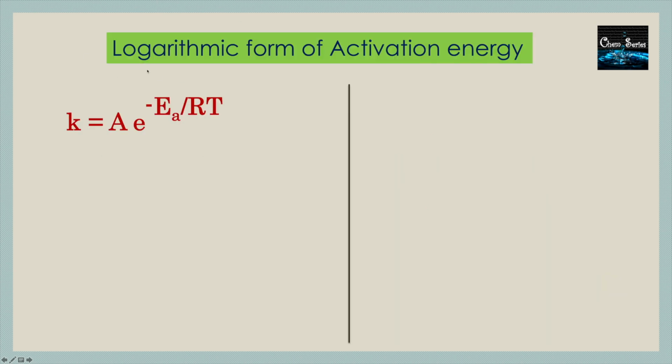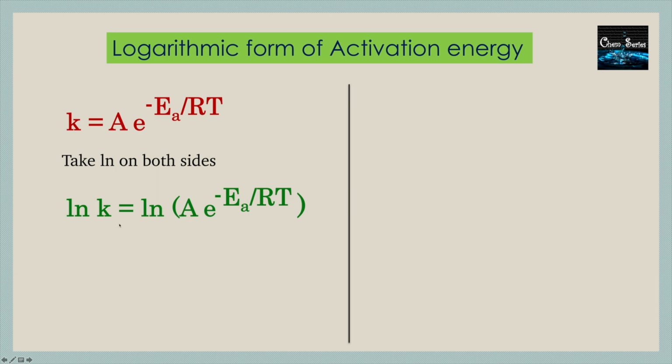Now let us derive the logarithmic form of the equation. For this, take the Arrhenius equation and take ln on both sides. So ln k is equal to ln of A e power minus Ea by RT.